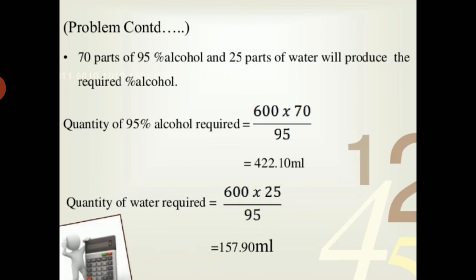The 95% alcohol required is 600 times 70 upon 95, that is 422.10 ml, and the quantity of water required is 600 times 25 upon 95, that is 157.90 ml.